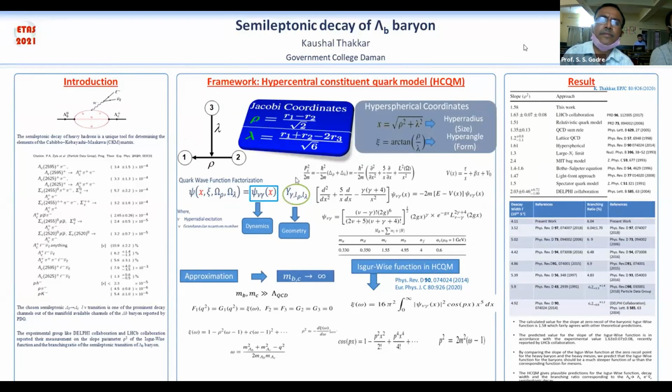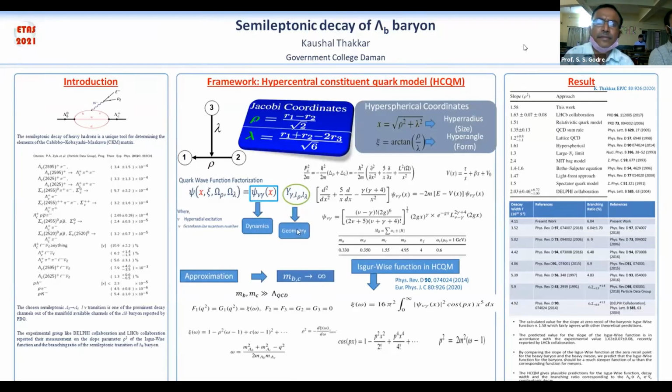Here, the quark wave function for the HCQM can be factorized into 2 parts. The first part, which depends on the hyperradius, gives information about the dynamics of quarks, while the second part gives the geometry of the quarks.